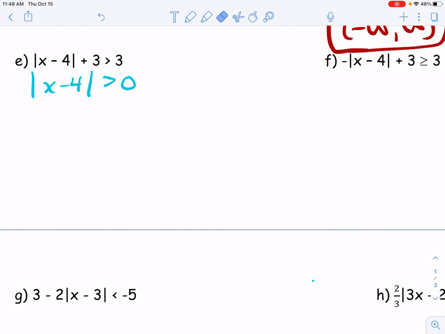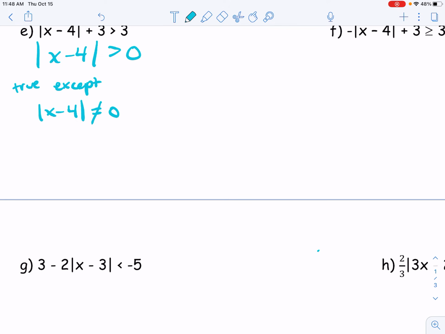So we need to think about this as pretty much true all the time, except when this absolute value of x minus 4 is in fact equal to 0. So this is always true, except for when that absolute value is equal to 0, right? We don't want it to equal 0 because that's not what the problem is saying.